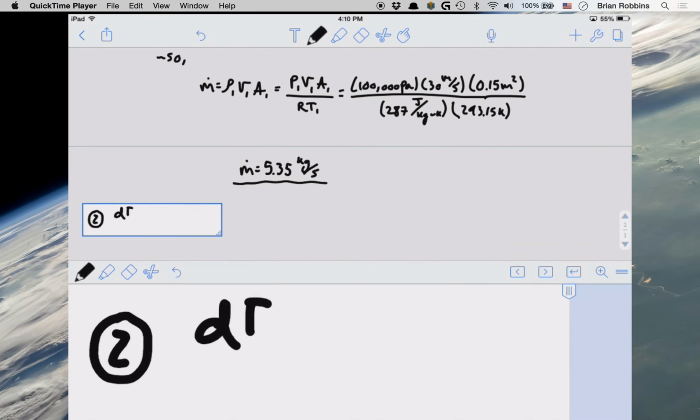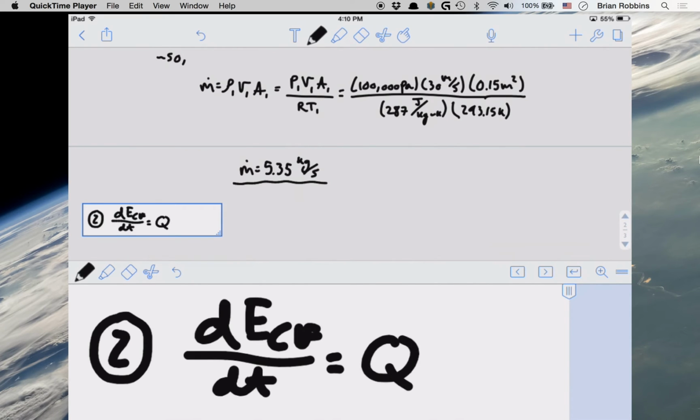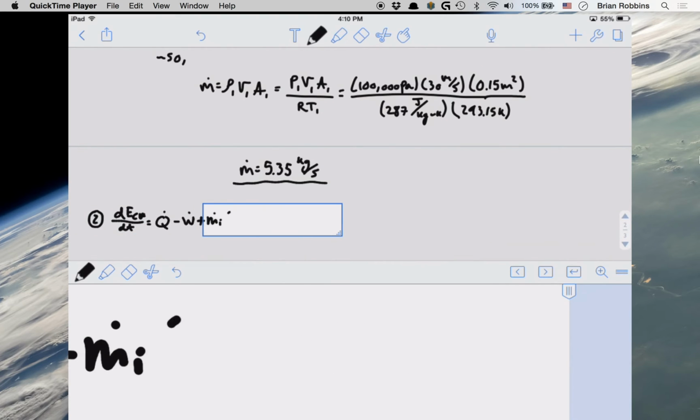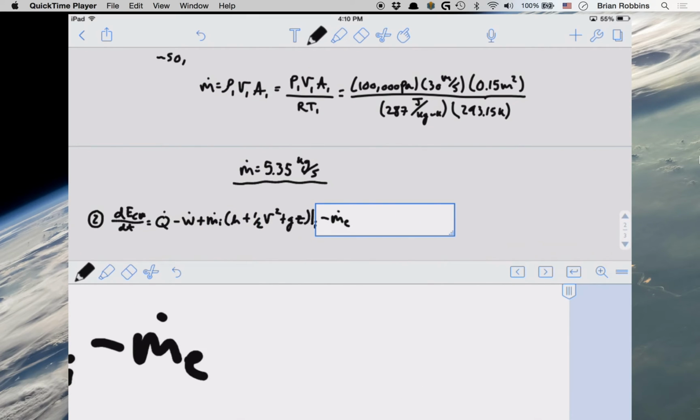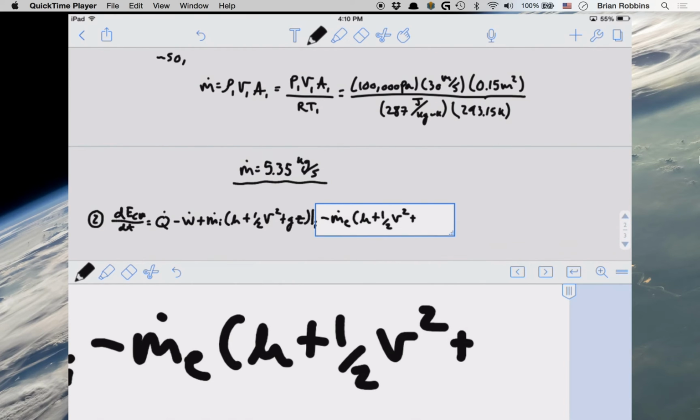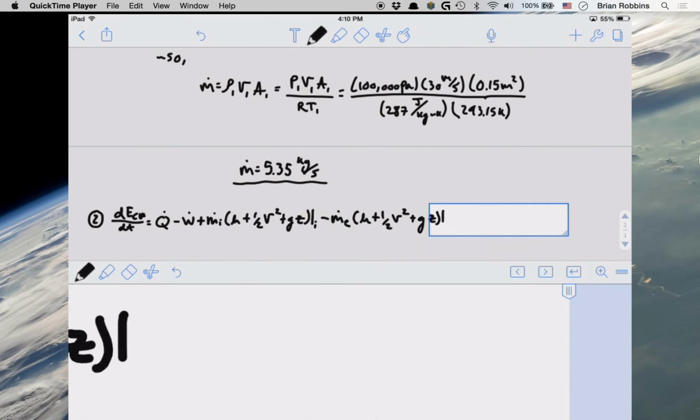So we have dE_CV/dt is equal to Q dot minus W dot plus our inlet mass flow rate times our specific enthalpy plus 1/2 V squared plus gZ, evaluated at our inlet, minus our exit mass flow rate times our specific enthalpy plus 1/2 V squared plus gZ, evaluated at our exit. Okay, so now let's go ahead and take a look at each of the terms and determine which terms stay and which terms can go.